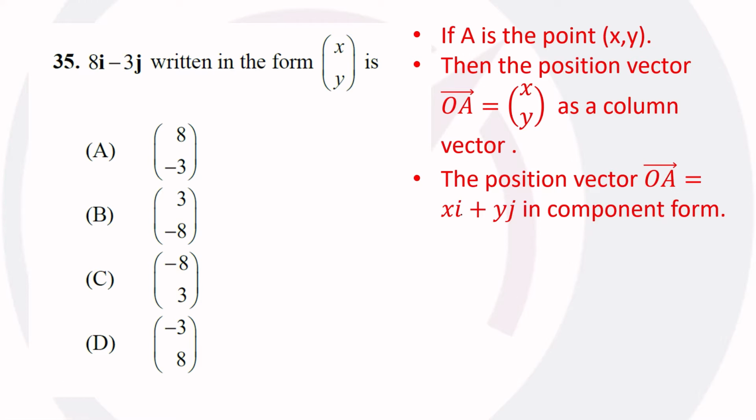So any number attached to i is our x, and any number attached to j is our y. So therefore we're going to have (8, -3). Which one matches? (8, -3), A.